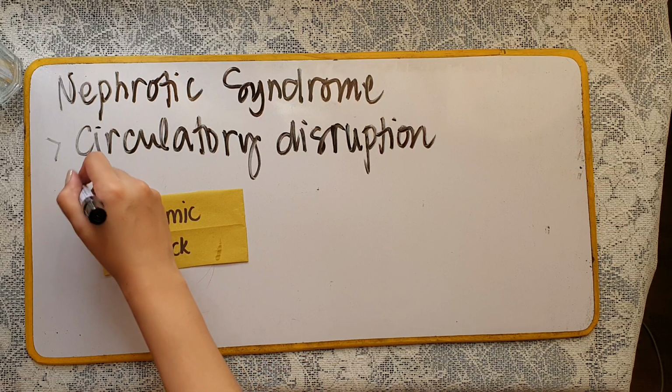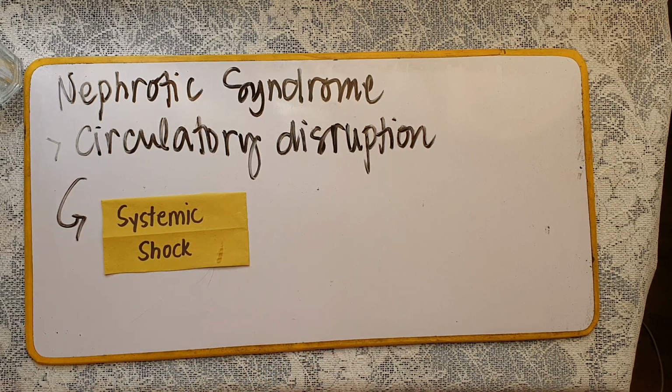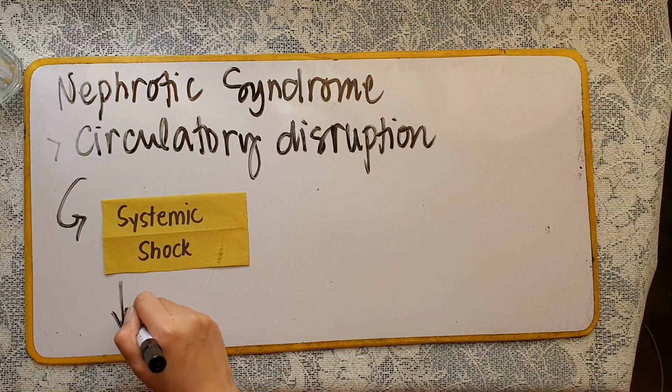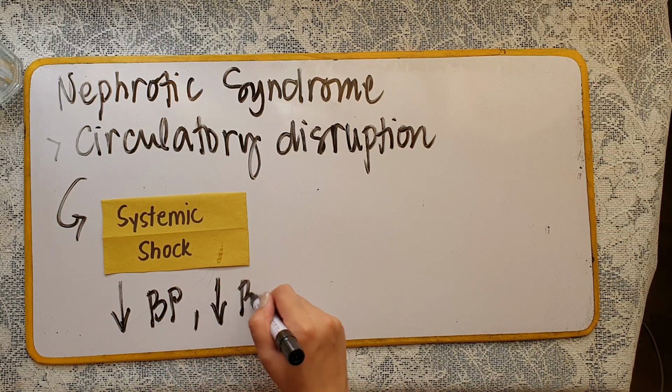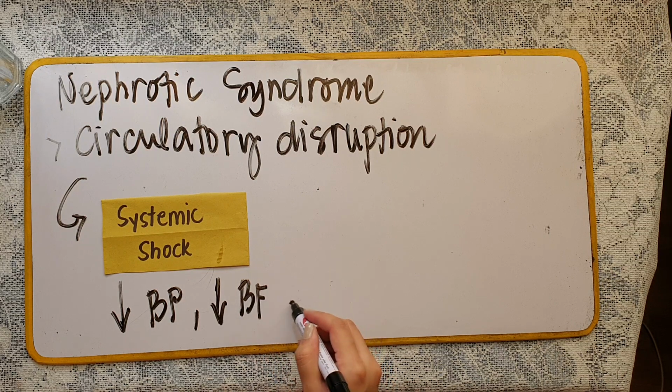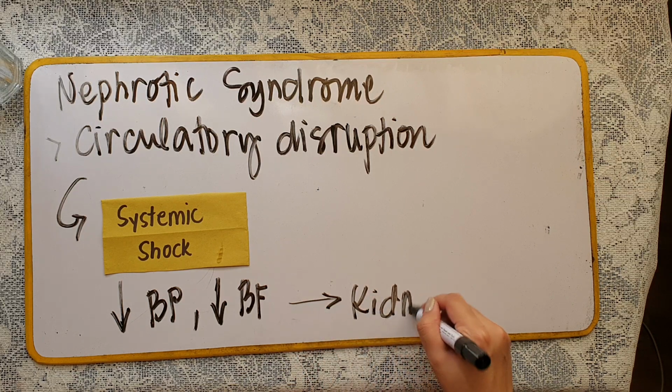Now, when there is systemic shock, what happens? There would be a decrease in blood pressure and blood flow. The organ that would be affected, of course, is your kidneys.